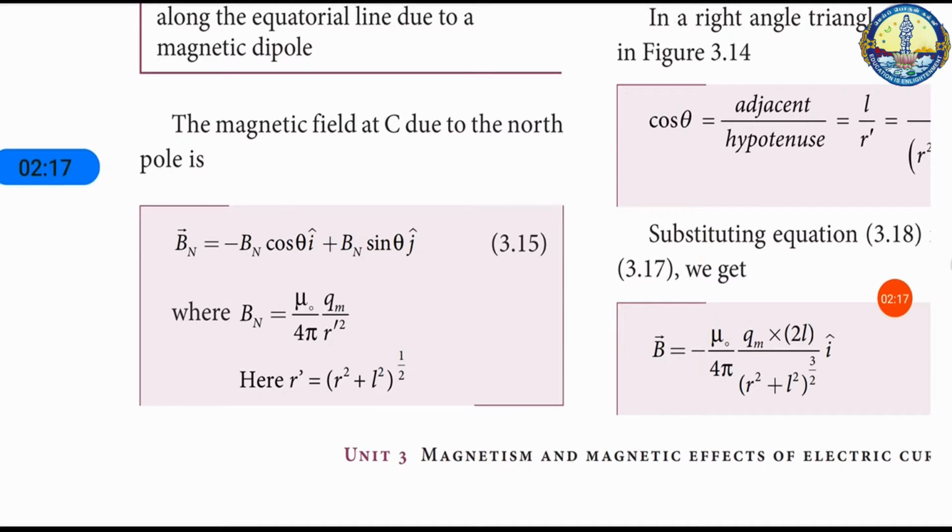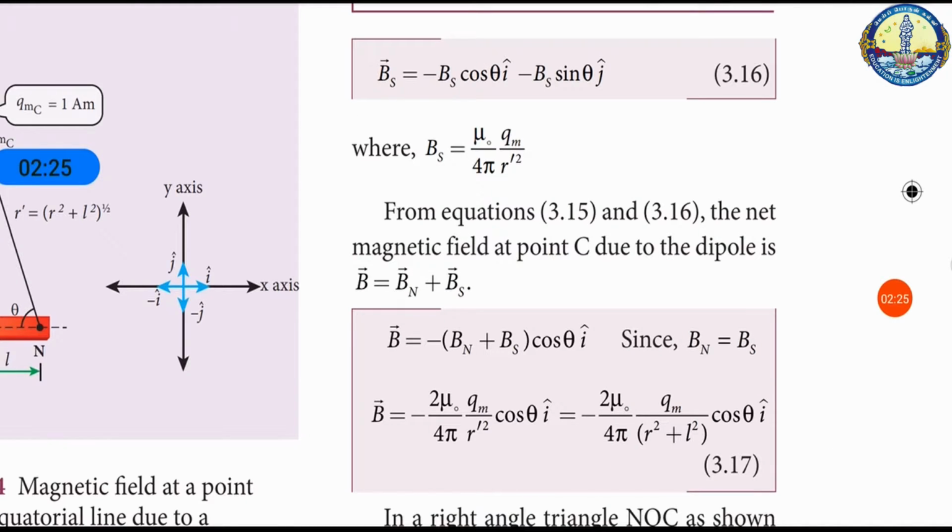We know that r dash is equal to (r square plus l square) power 1 by 2. And similarly for south, the force is equal to mu naught divided by 4 pi Qm by r dash square. From this, the net magnetic field at point C due to the dipole is B is equal to Bn plus Bs.